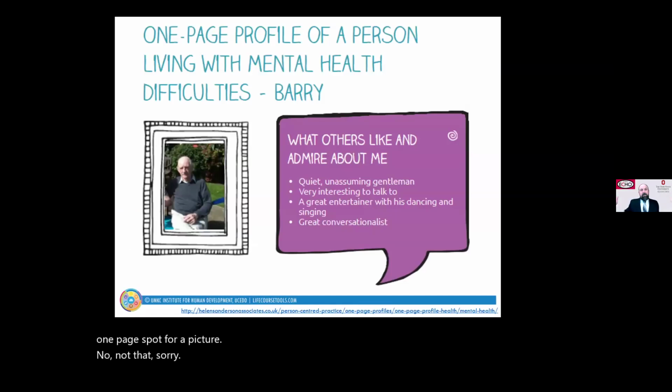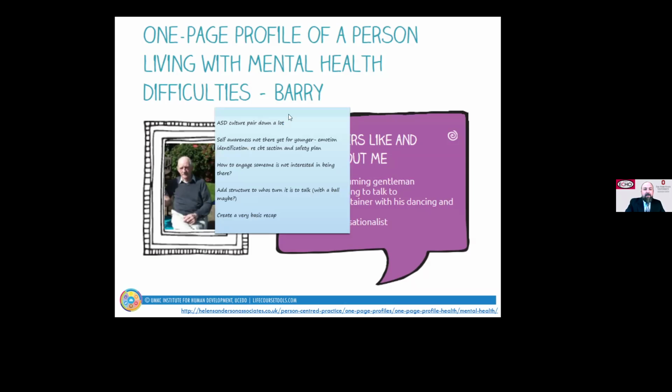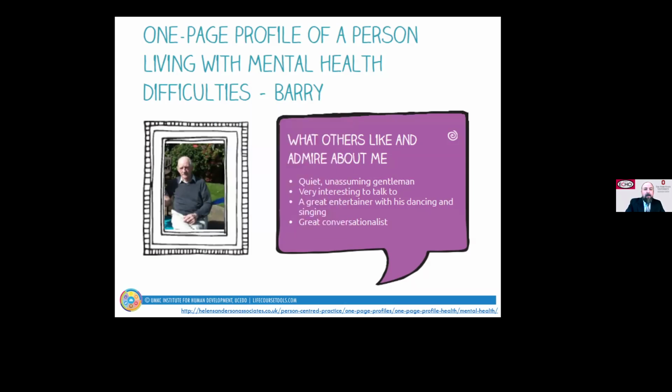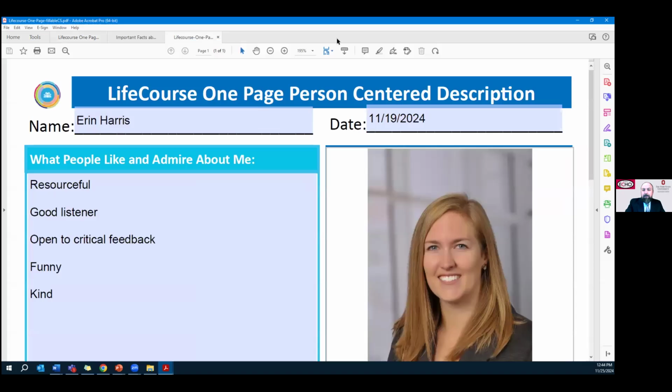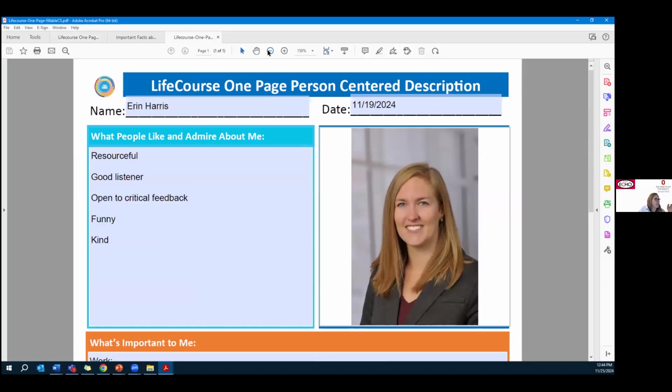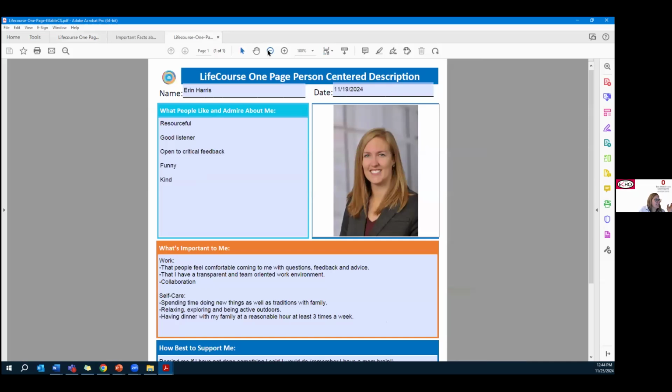Because it starts with this big picture of who I am and what's important to me, and then moves down to the bottom with how to best support me. So it gets into those supports and accommodations that can really help you get to know one another and how to be helpful. There it is, the model. This one's mine completed.